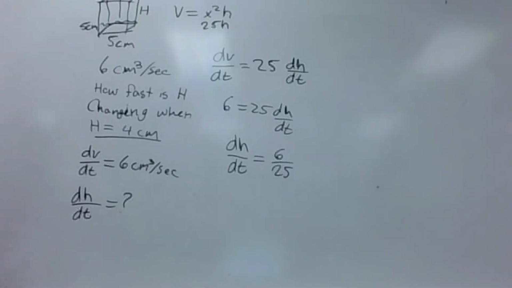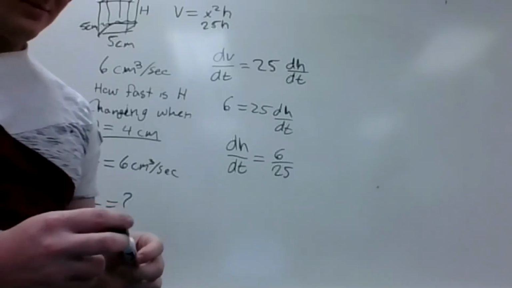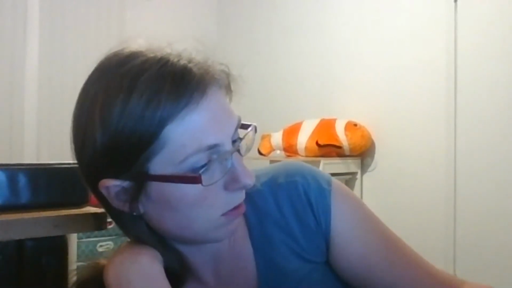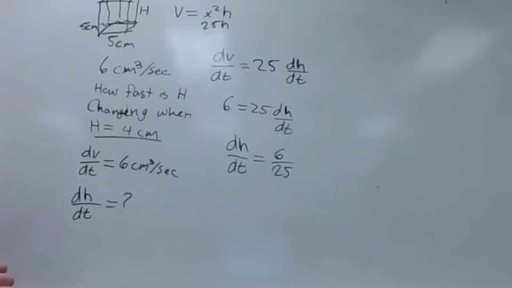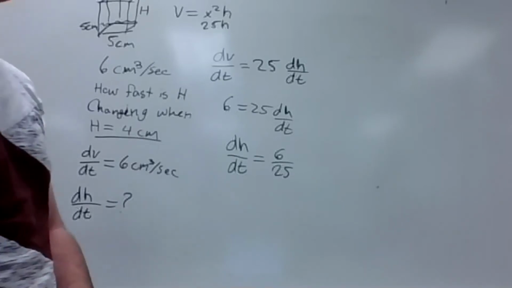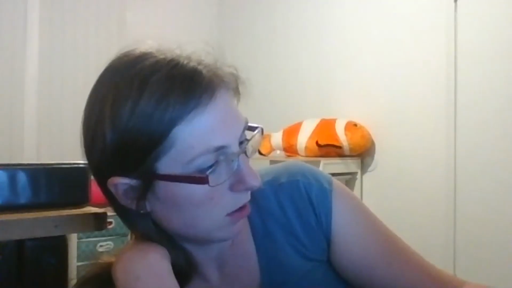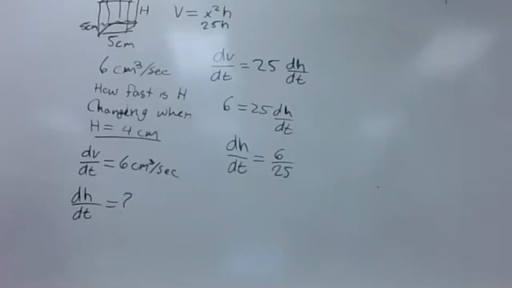All right, are there any other questions about related rates? Is the related rate question on the exam dealing with a cube? No, it's not dealing with a cube. I don't want to give too much away, but it's not going to be much harder than this one. The one on the test is pretty simple. It's not something crazy.